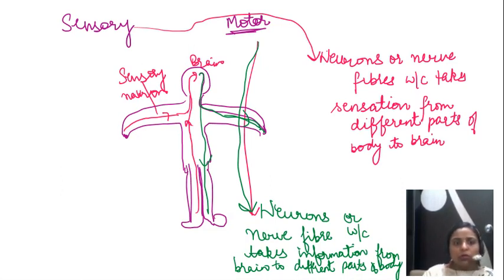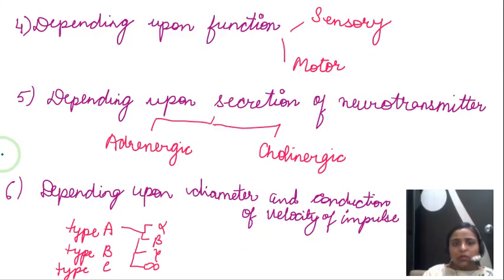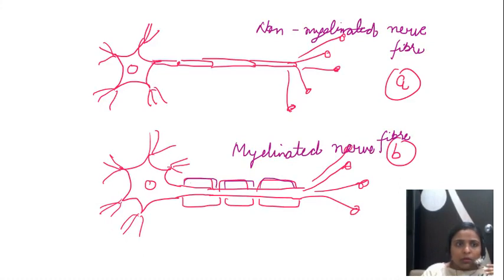And if we talk about your fifth classification, that is depending upon the secretion of the neurotransmitter, then it is adrenergic and cholinergic. Let me make you understand with the help of this diagram. If we see, these are your nerve endings, right? From here your new neuron starts.